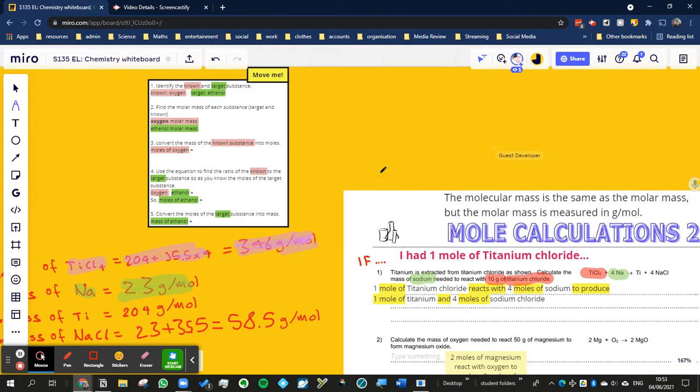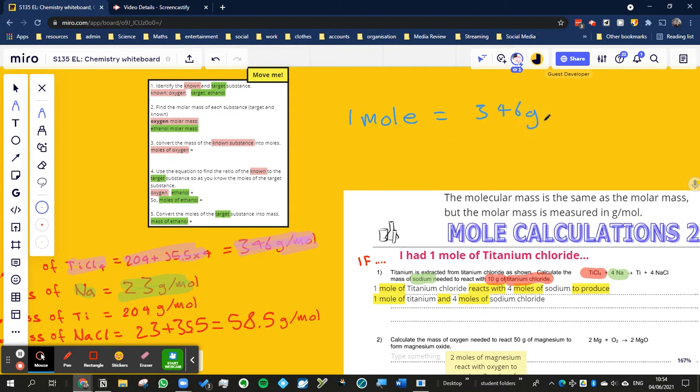So the way you would do it is, and we could think about this, I will give you the formula in a moment, but I want us to sort of visualize how to understand these formulas from first base, from a basic idea. We know that 1 mole would equal 346 grams.